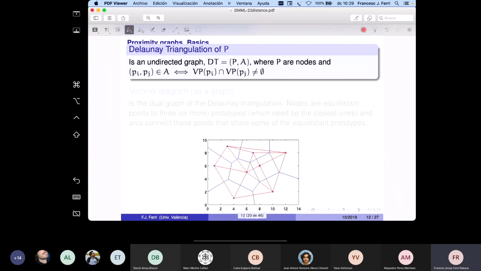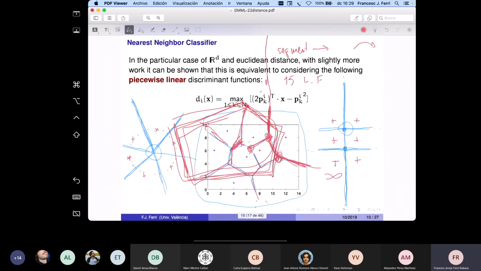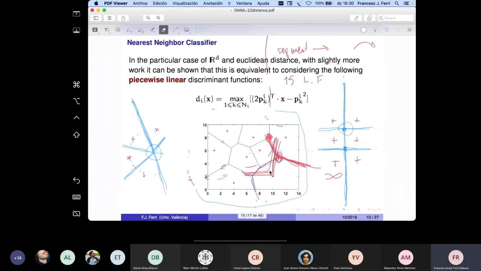It's a structure very, very related to the Voronoi diagram, but in the Voronoi diagram, we are characterizing the regions that correspond to each prototype, and we are characterizing the boundaries explicitly.